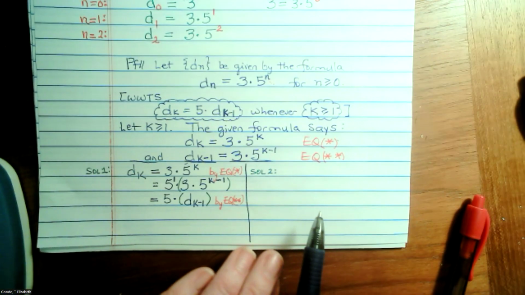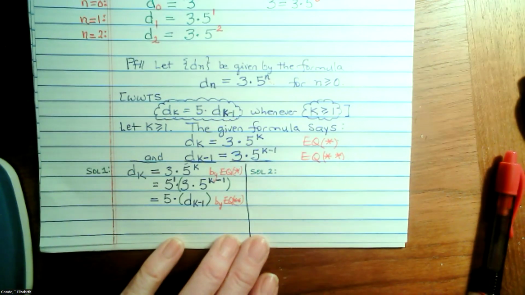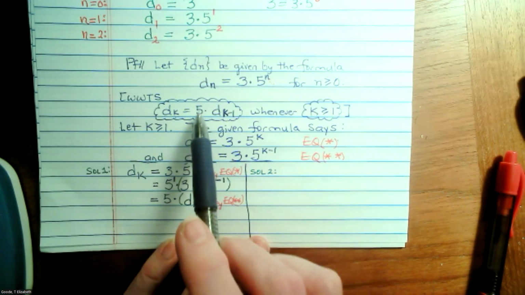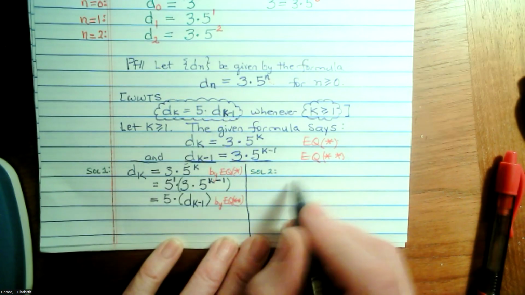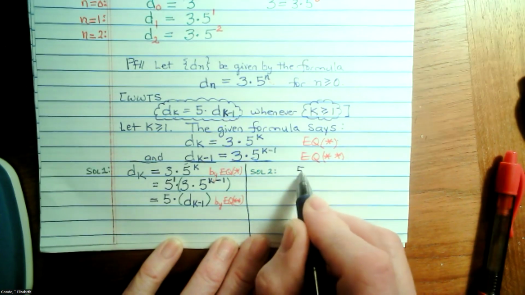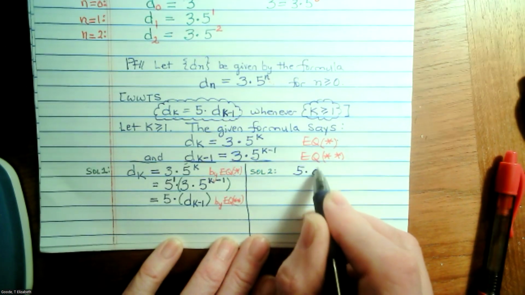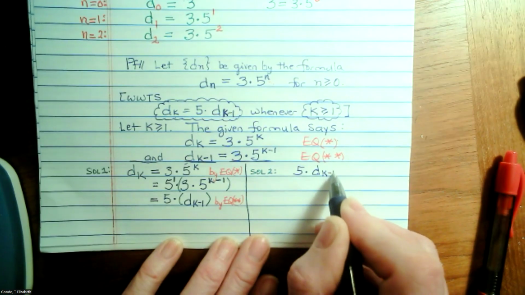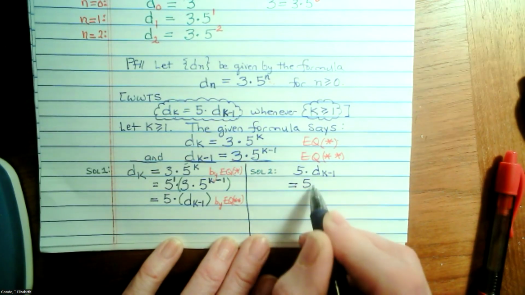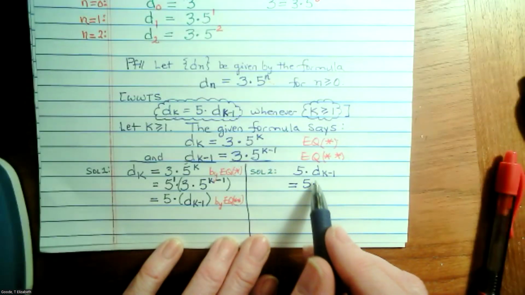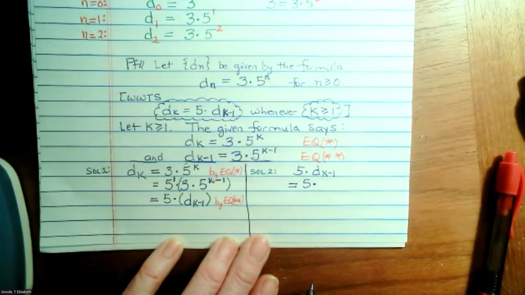Another way to approach it would be to start with the right-hand side and turn it into the left-hand side. So if we start with 5 times d sub k minus 1, well, that's equal to 5 times, well, you tell me, what is d sub k minus 1?